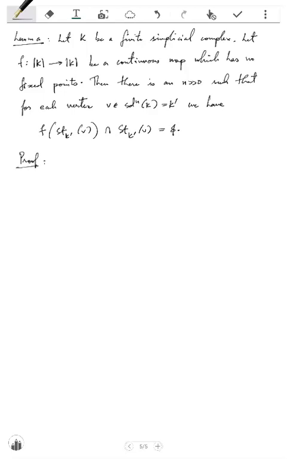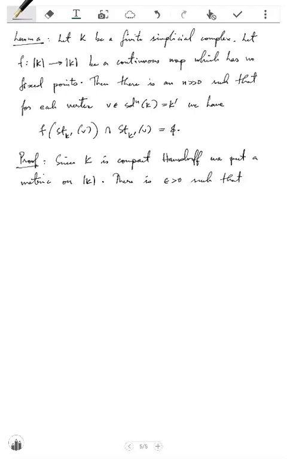Proof. So, since K is compact, as before we put a metric on mod K. So there is epsilon positive such that for all x in mod K, the distance between x and f of x is greater than or equal to epsilon.